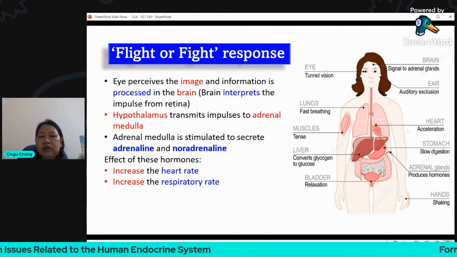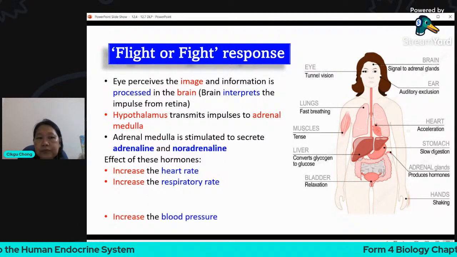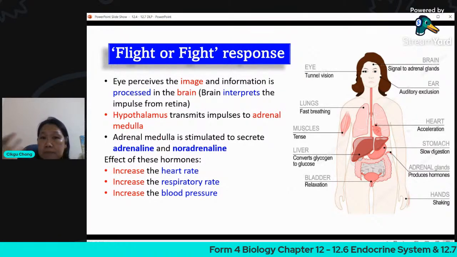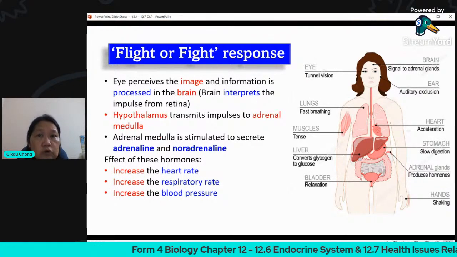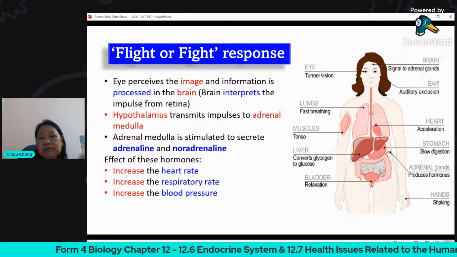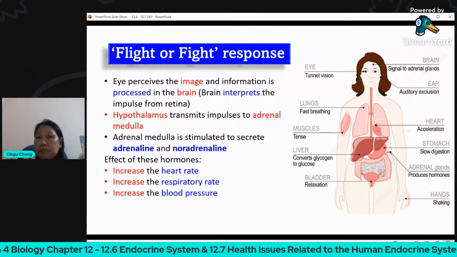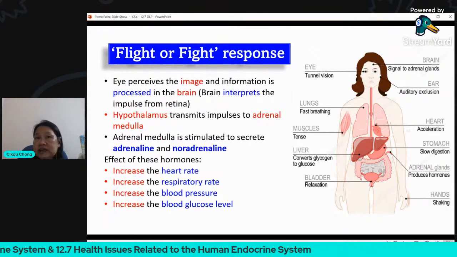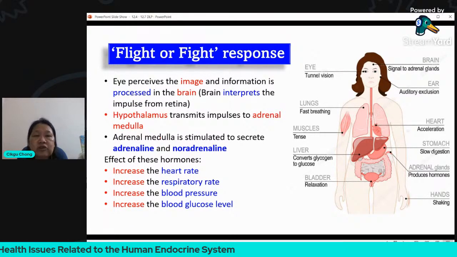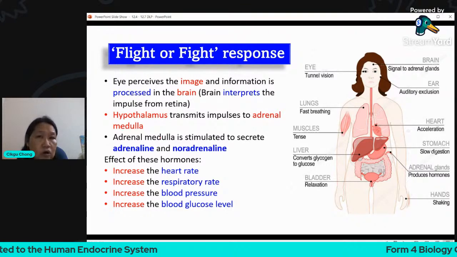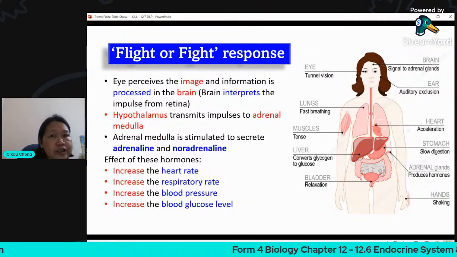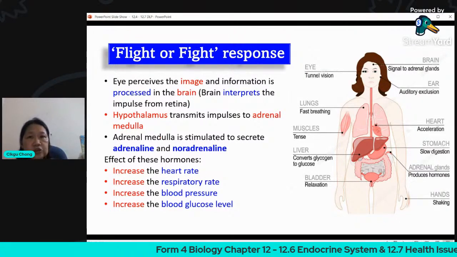Then your respiratory rate will also increase. You will breathe faster also because you need to supply more oxygen, and also the blood will supply more glucose to your body cells. Your blood pressure will increase because your heart is pumping faster. Increase in the blood glucose level, because glucagon will be released to convert glycogen into glucose.